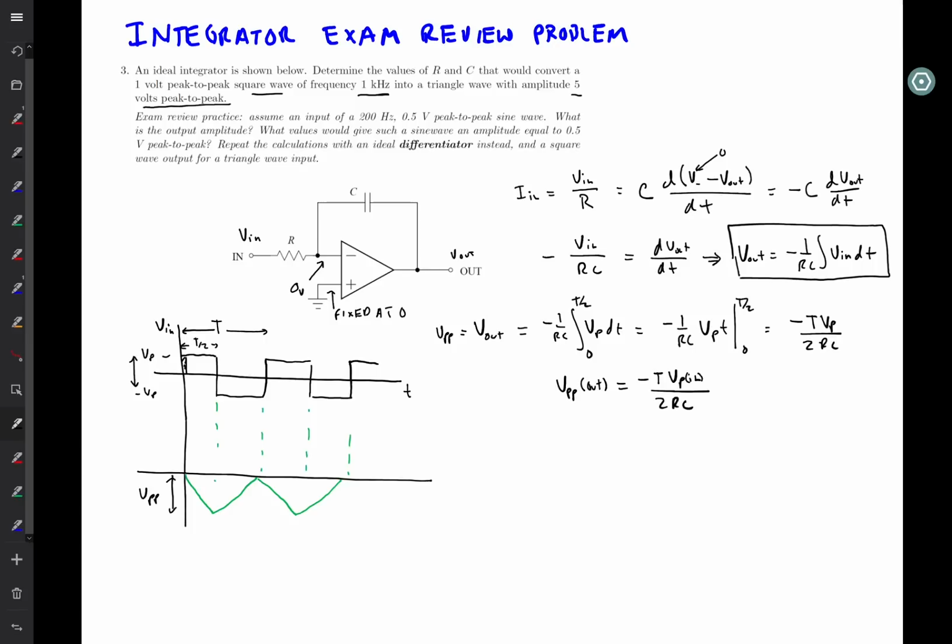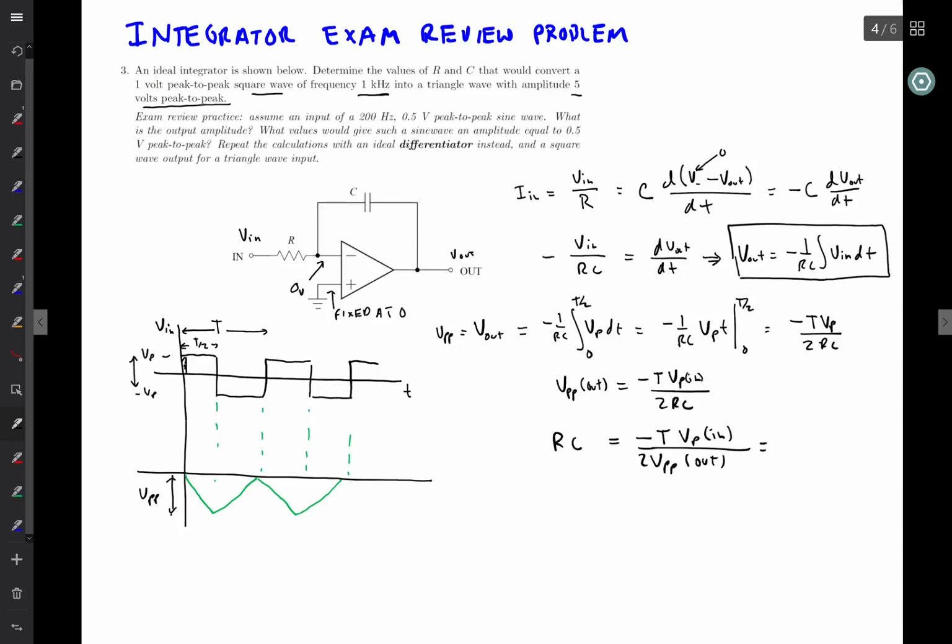So our goal is to find some values of R and C that accomplish this. So I solve this equation for RC, and I will get minus T times V peak in over V peak-to-peak out, and a factor of 2 in front. So the sign, remember, this basically tells us that our peak-to-peak voltage is negative. So I can ignore the sign and just plug the values in.